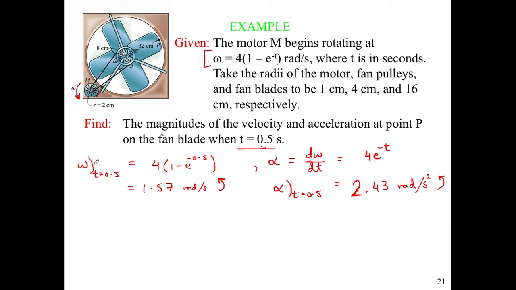Right. So if we found omega and alpha, now let's come to it कि इस पुली को अगर हम देख रहे हैं तो वो जो केबल है वो उसकी बिल्कुल सरफेस पे जाके टच होती है. मतलब ये कि if I want to find the velocity and acceleration of the cable, then I have to use the radius of the pulley because वो केबल जाके सरफेस वाले पार्टिकल से चिपकी हुई है या टच हो रही है इधर. Right?